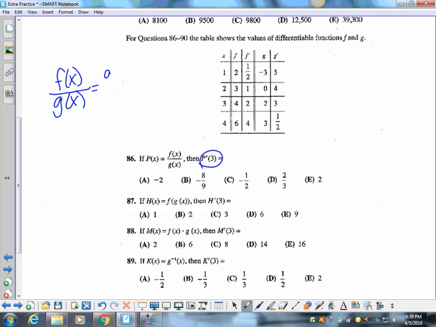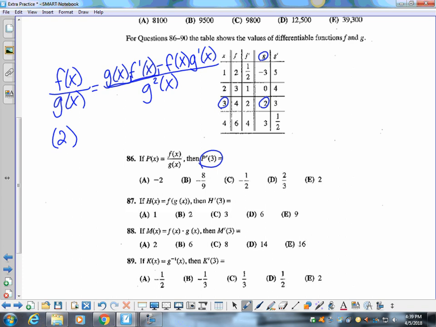So low d high minus high d low over low, and I want 3's. So I need g of 3. G of 3 is 2.